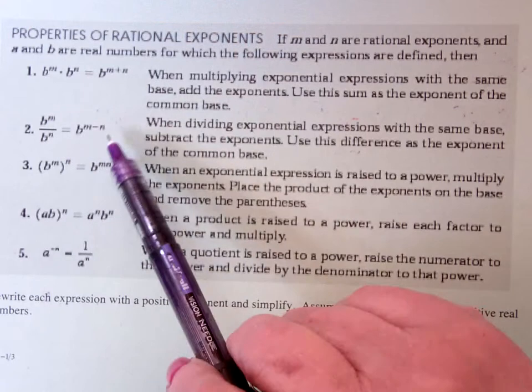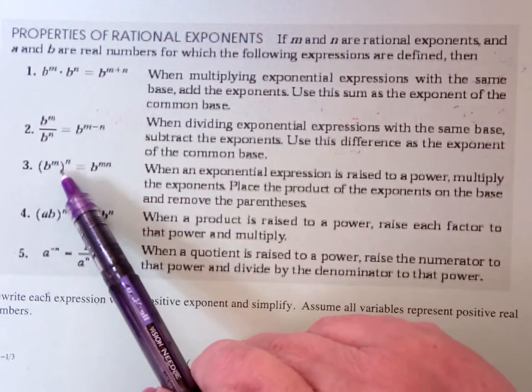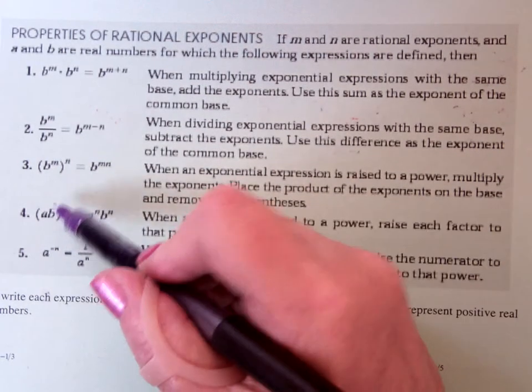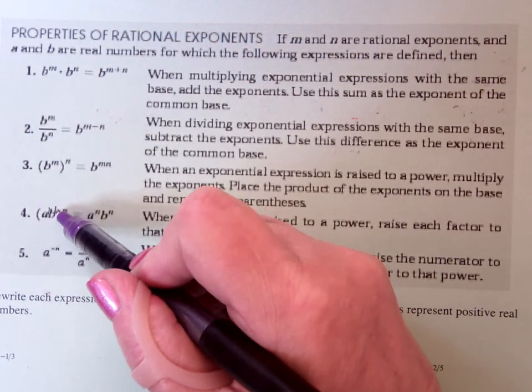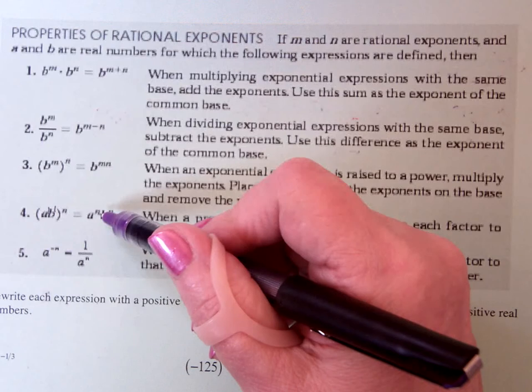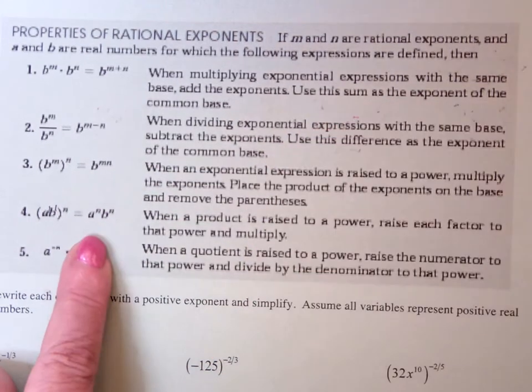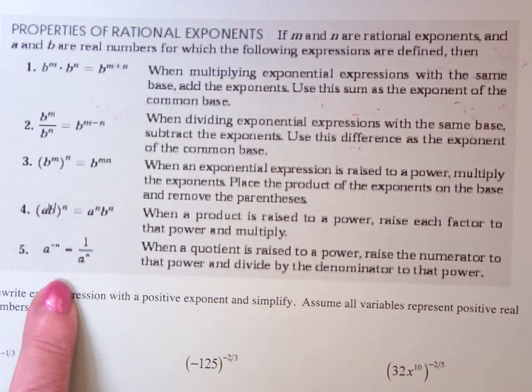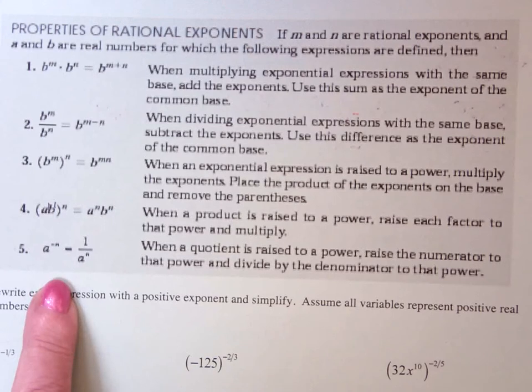If the bases are the same, you subtract. b to the m to the n power, you multiply the exponents. Here, of course, this is a to the 1, b to the 1; this is a to the n, b to the n. This is what helps us to simplify radicals. And of course, our non-favorite property is a to the minus n is 1 over a to the n. So all the properties of exponents apply.